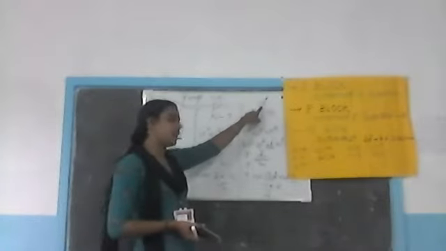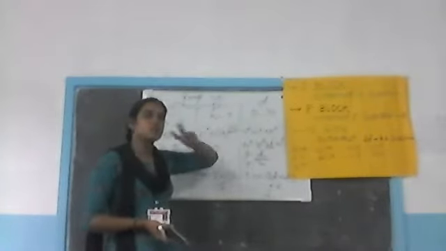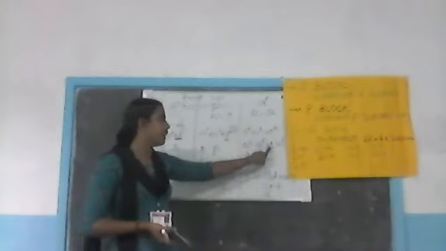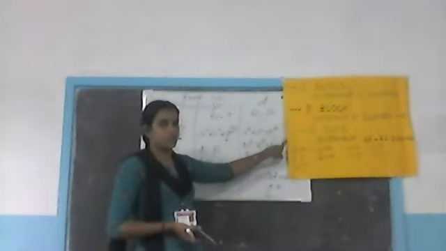That is the method. So 12 plus 3, here 15. Next one, for d block elements, we have to add the electrons of two subshells, like 3d and 4s. That is the formula. So 3d contains 1 electron and 4s contains 2 electrons, so total 2 plus 1, 3 electrons. So this is the method for calculating group number.